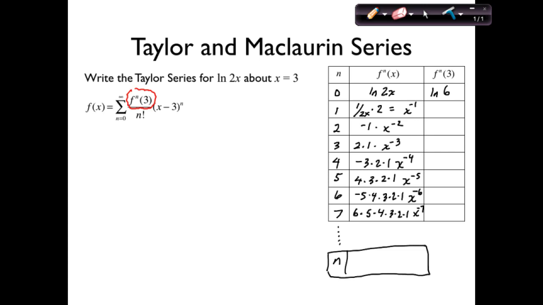N plus 1? So for the 7th derivative, we have 6 factorial. For the 6th derivative, we have 5 factorial. Therefore, n minus 1, right? It's the n minus 1 factorial, sorry. And then what, divided by x to the what? So what power do we have in the denominator? N, right? We have the nth power in the denominator.